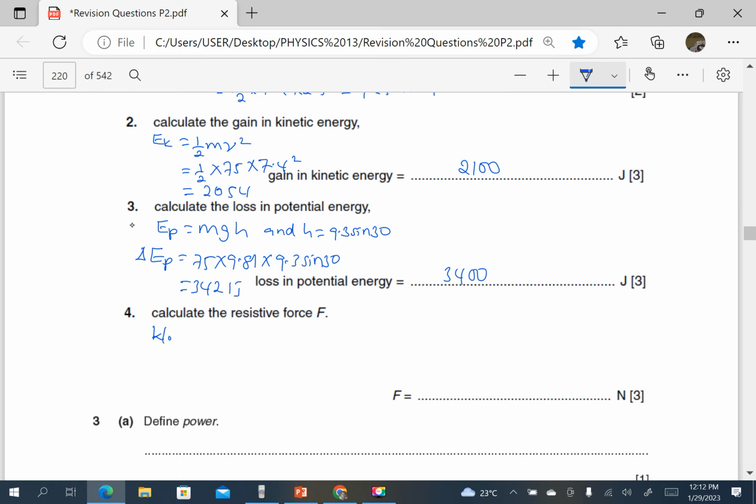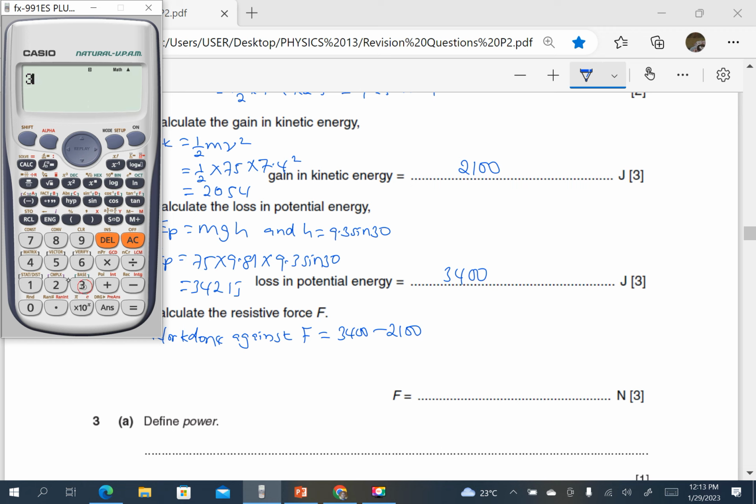So work done against F must be equal to 3400 minus 2100, that is 1300.